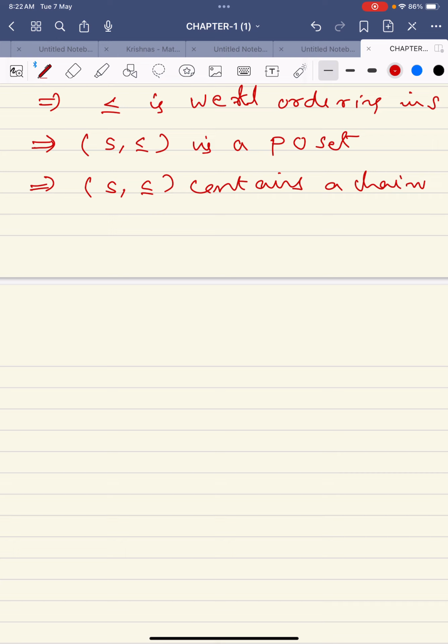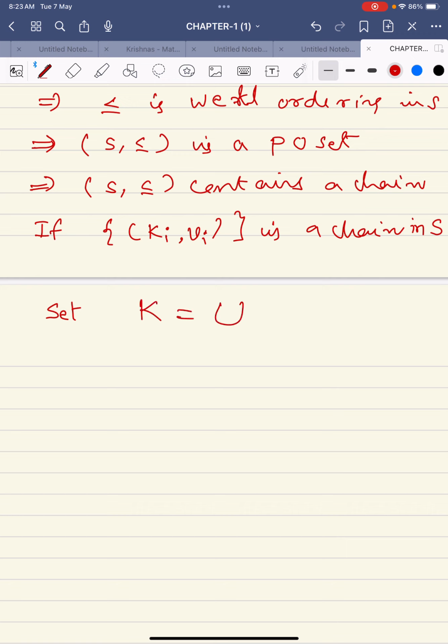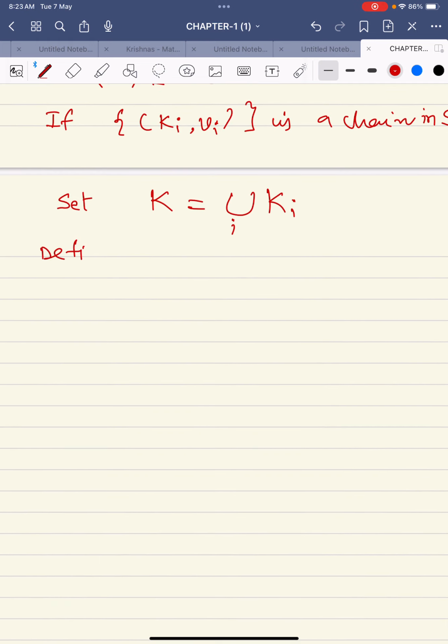So let us suppose it contains a chain. So the set of all ordered pairs (Ki, Vi) is a chain in capital S. Let us set K equals union of Ki over i, and define V that maps K into L as follows.